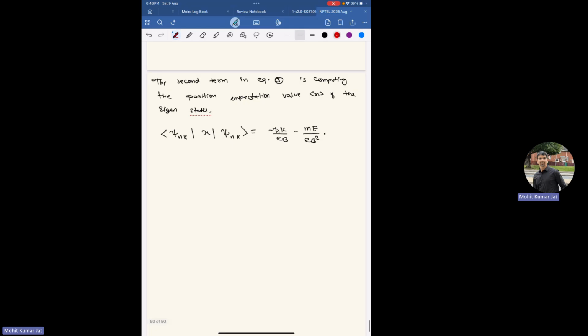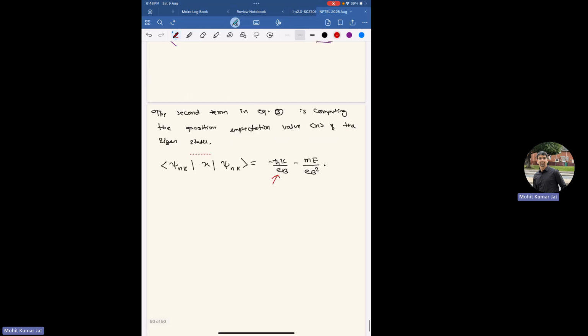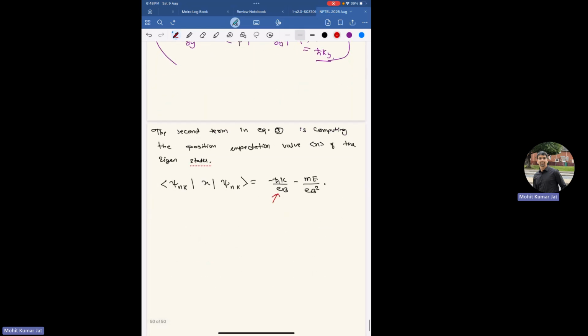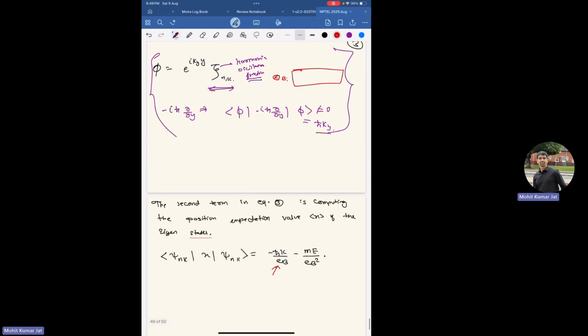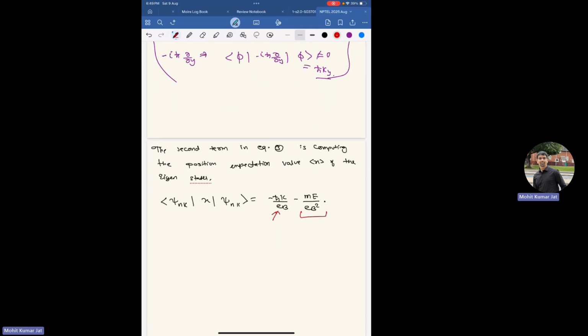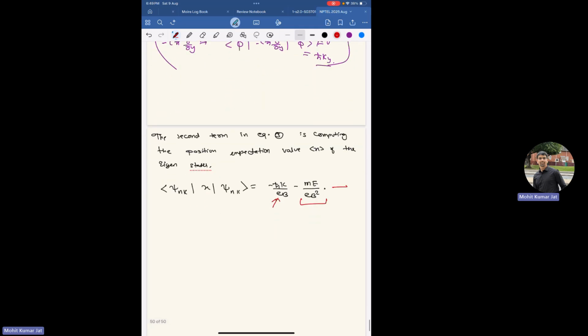The first of these terms will essentially cancel your first term in equation 3, and the only term which will survive is this term.